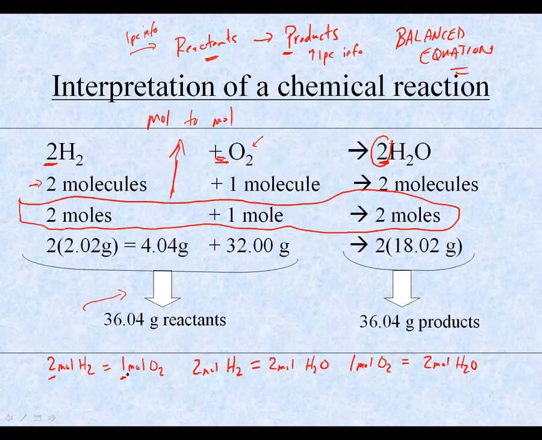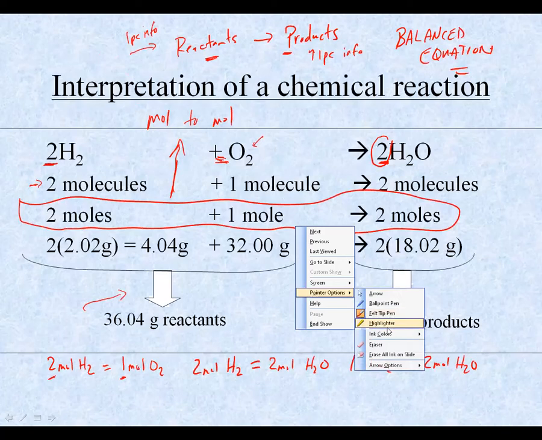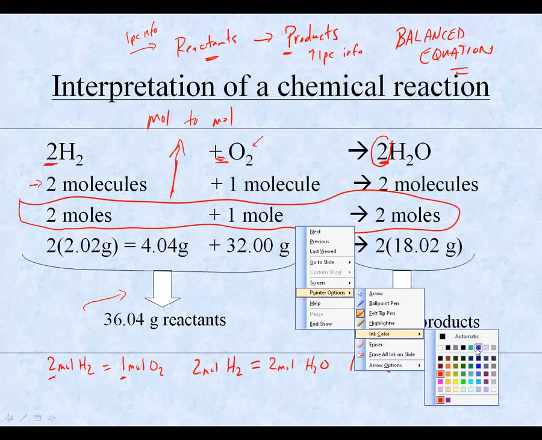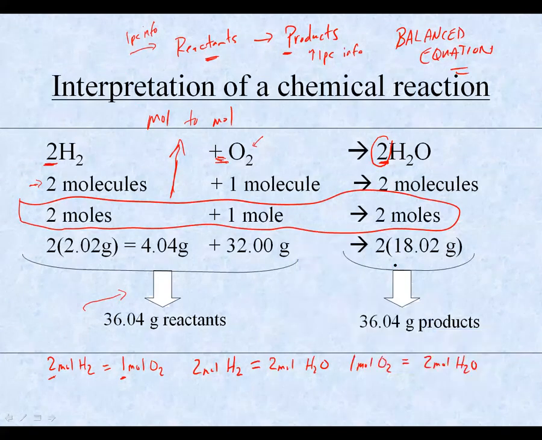And from each of these sort of conversions or equivalents, we can write 2 conversion factors, just like we could do with conversions. And for example, I'll take this guy up this way. We could write from that relationship that we could say that there are 2 moles of H2 on top and 1 mole of O2 on the bottom.